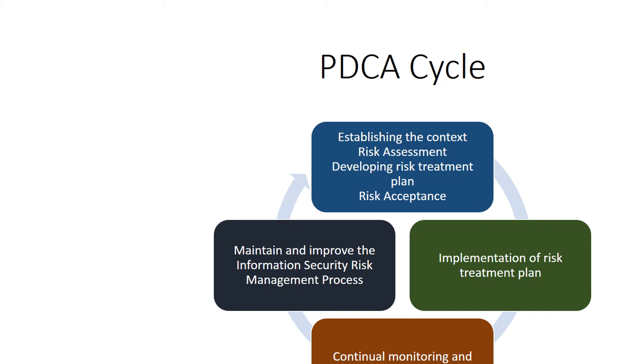Then we do something, we implement, and after that we check if everything is going fine and according to our expectation, and finally we act based on the output of the check phase. And this goes on in a cyclic manner. We plan, do, check, act, and again plan, do, check, act. That's why it's called the PDCA cycle.